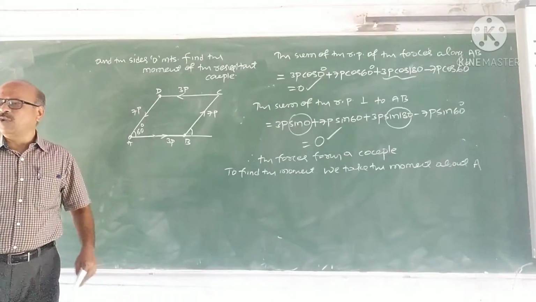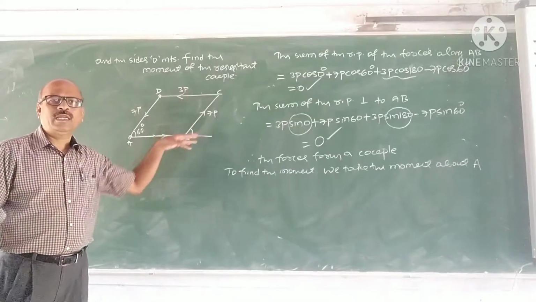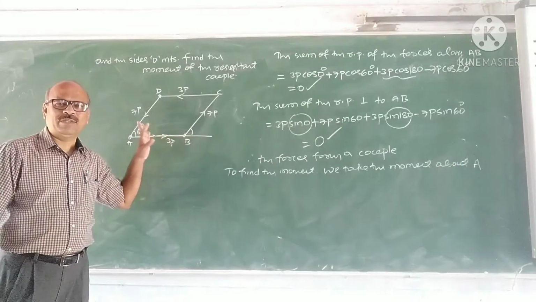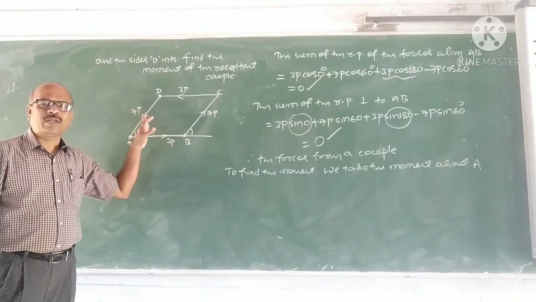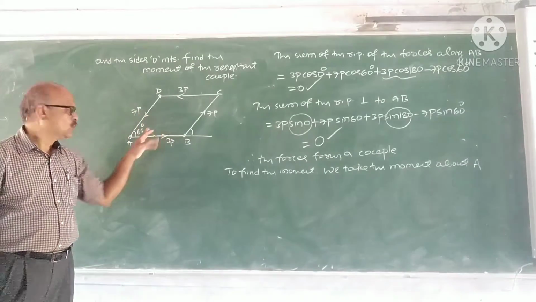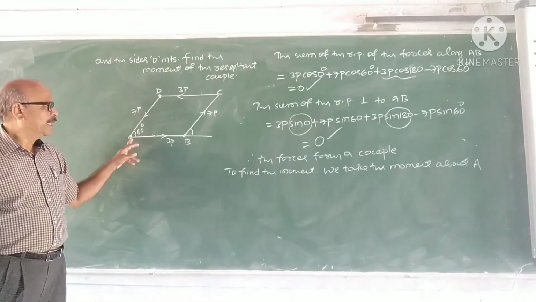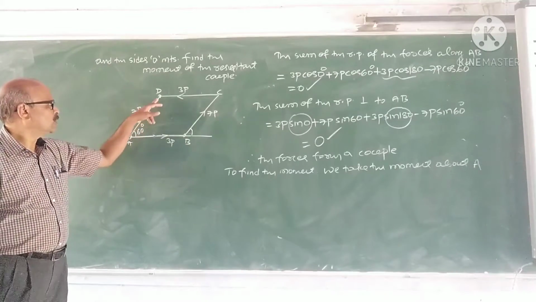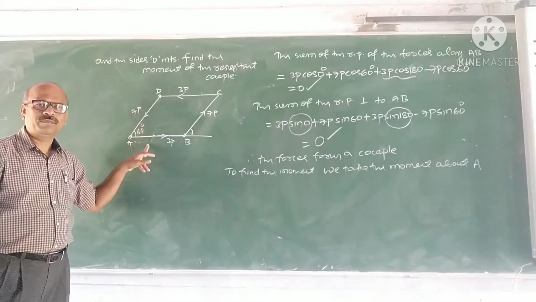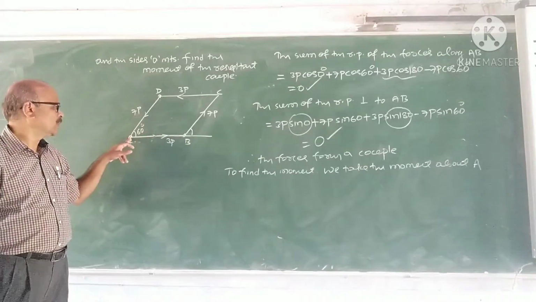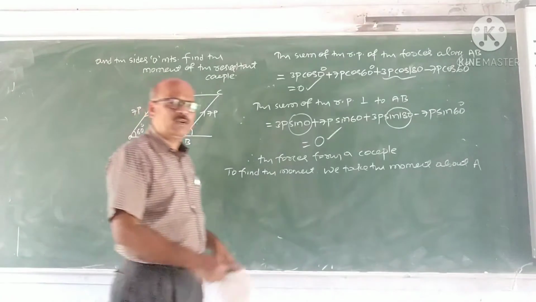If it is a regular polygon, we take the center, because from the center all the sides will be at the same distance. But here if you choose the center, then all the four are not at the same distances. So we choose A as the point where the moment is to be taken. The advantage is the forces 7P and 3P pass through A. Moment of these two forces about A is 0. Only these two perpendicular distances you have to find out.